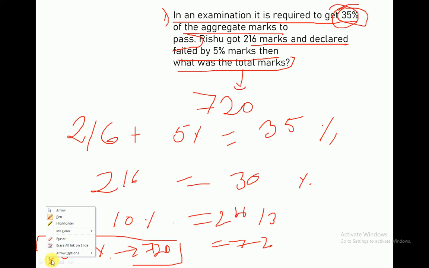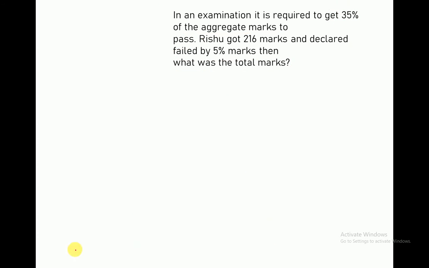Alright, let me just repeat it once again. Rishu got 216 marks and failed by 5% marks, and the total pass percentage is 35. So automatically Rishu has to get 5% marks more to pass.